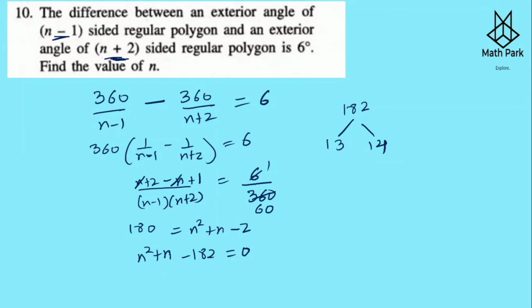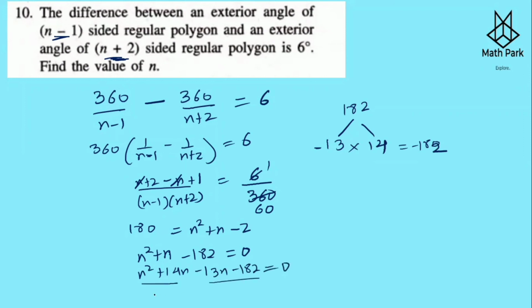And we have the middle term positive, so 14 is going to be positive and 13 negative. 14 into minus 13 is minus 182. So we split this middle term. We get n square plus 14n minus 13n minus 182 is equal to 0.